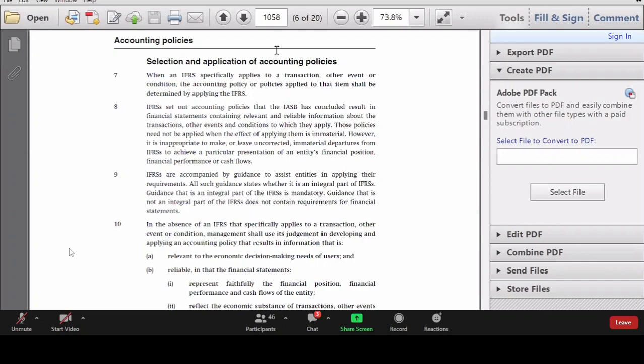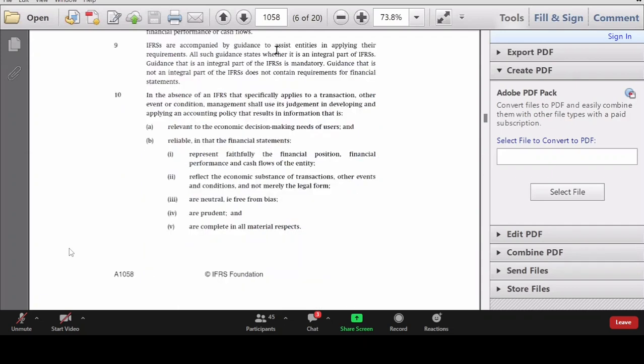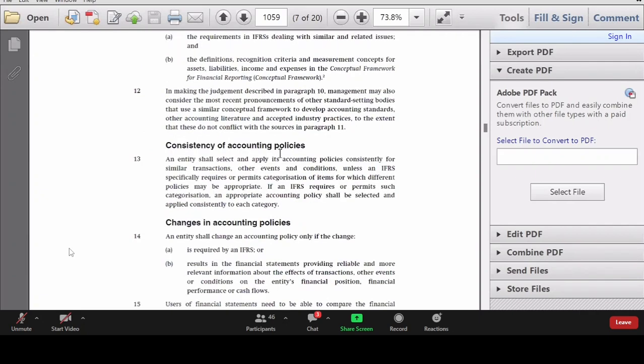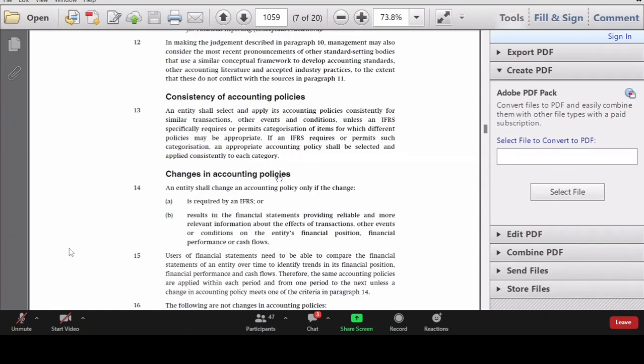So how are changes in accounting policies treated? Retrospectively. Then for changes in accounting estimates? Prospectively. Then for errors? Retrospectively.